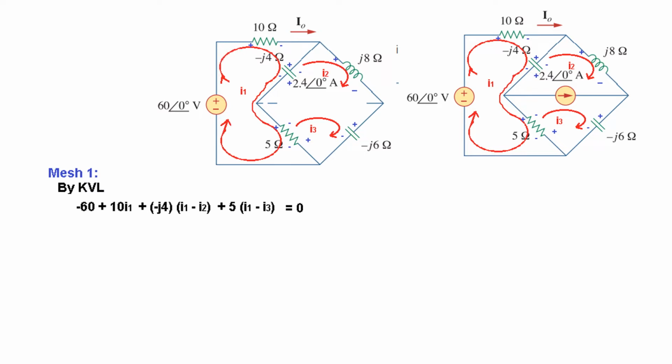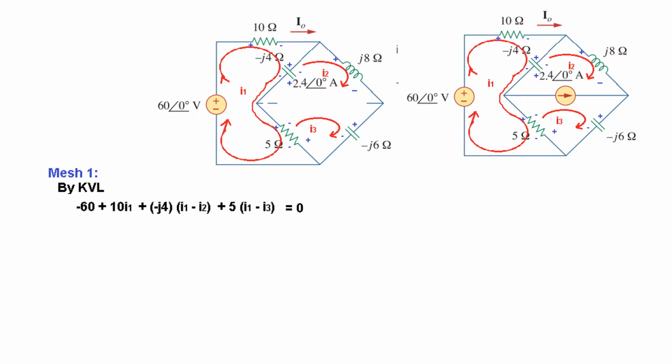Then we have plus sign, 10 into I1. And then again plus sign and minus J4, and now there are two currents here, I1 and I2.